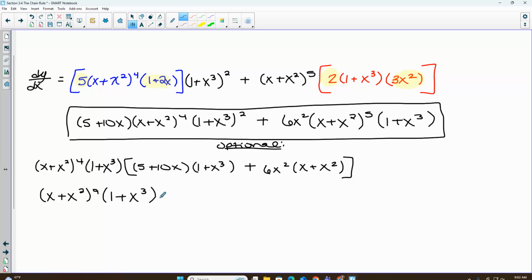So if I chose to multiply, I could FOIL the 5 plus 5x cubed plus 10x plus 10x to the 4.